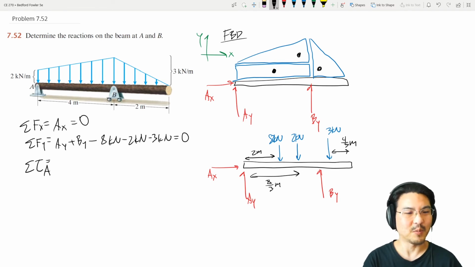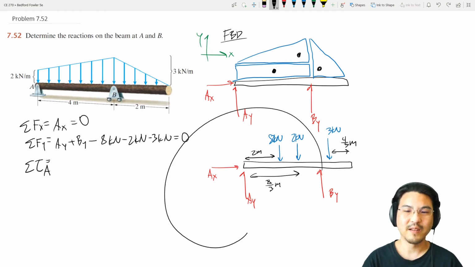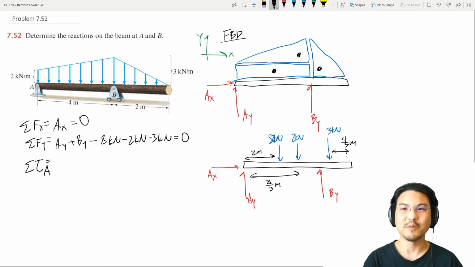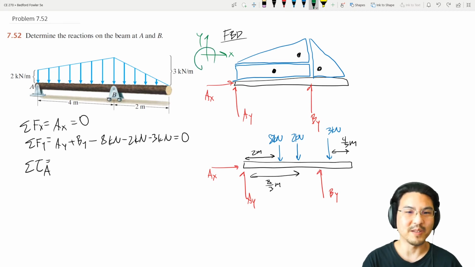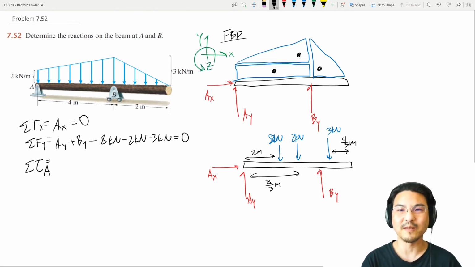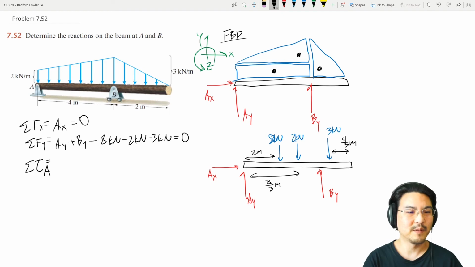So sum torque about point A. So the torque by this one is going counterclockwise, which is in the positive z direction based on how I pick my coordinates. So that will be positive. So that's 4 meters times B. Okay, and now the torque by this one is going this way, negative.